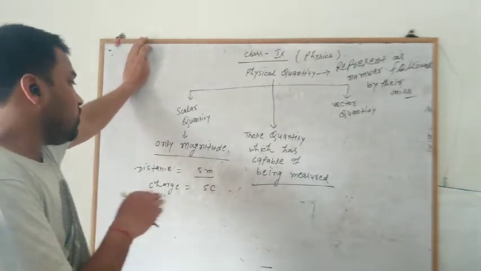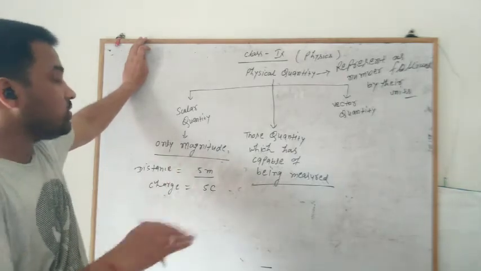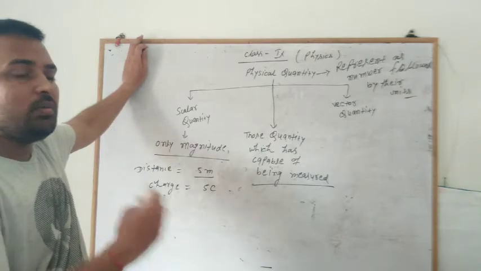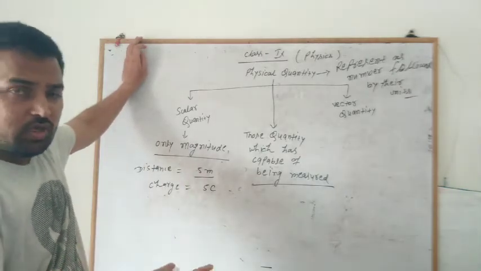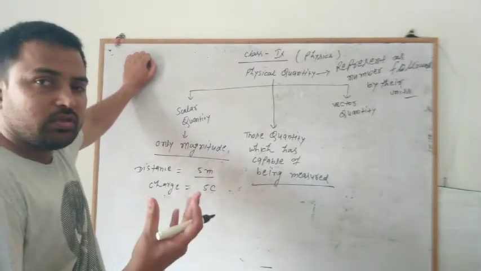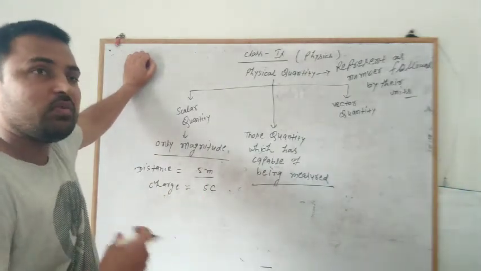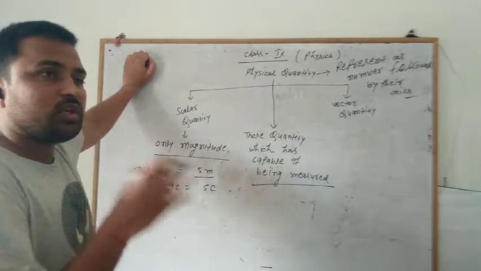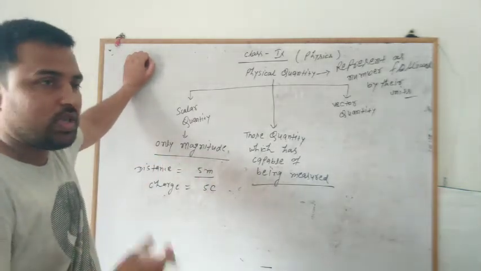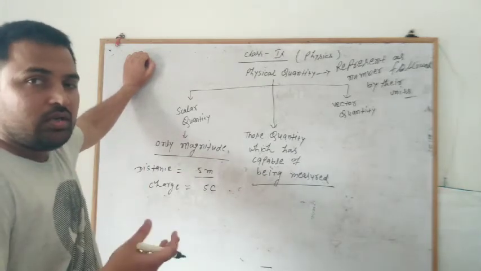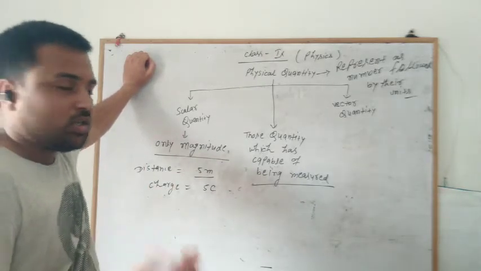So this whole concept explains that 5 coulomb of charge will be developed on any system or on any body, or the 5 coulomb of charge will transfer, or the 5 coulomb of charge will move. There are certain possibilities that can happen, but if there is only magnitude, then it will be considered a scalar quantity.